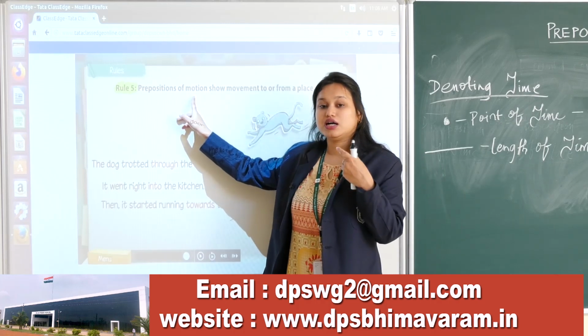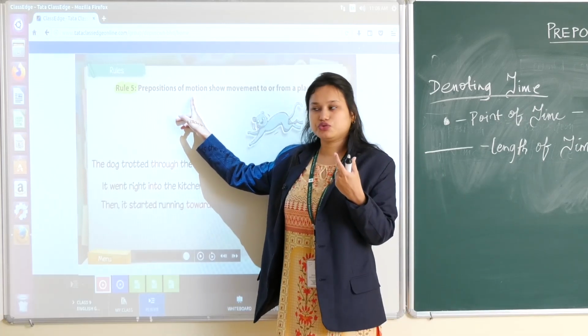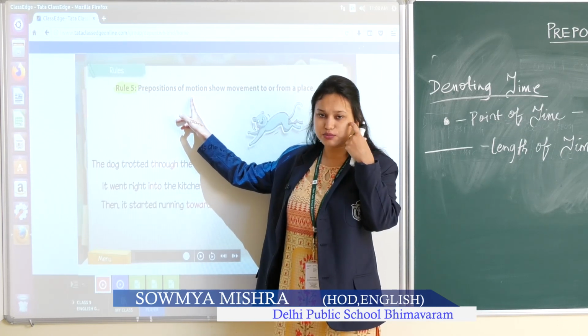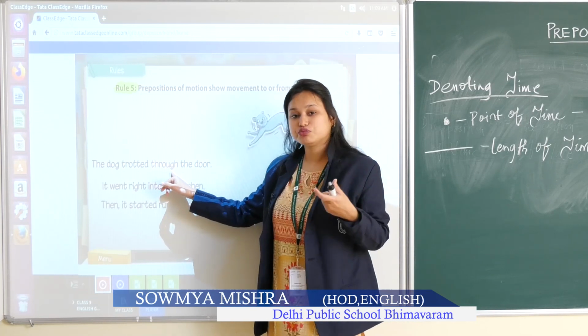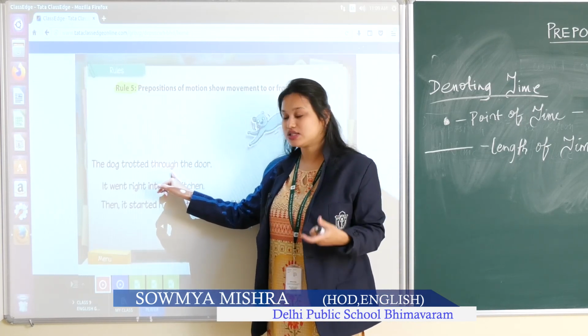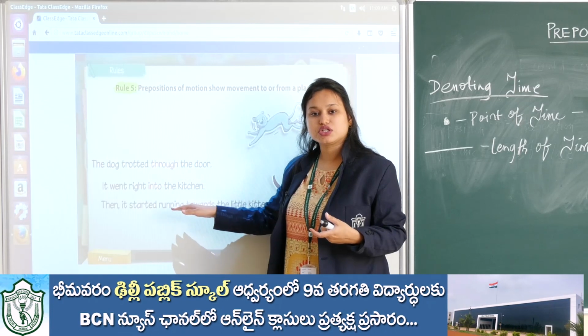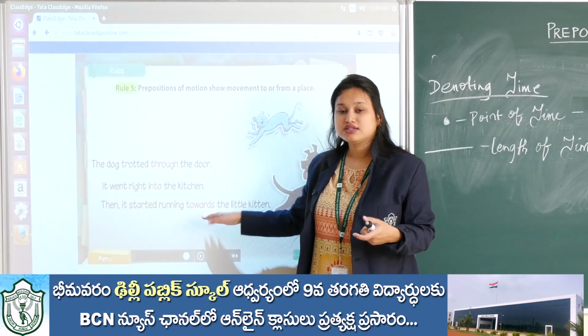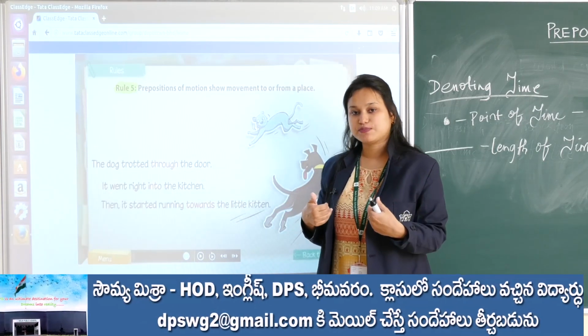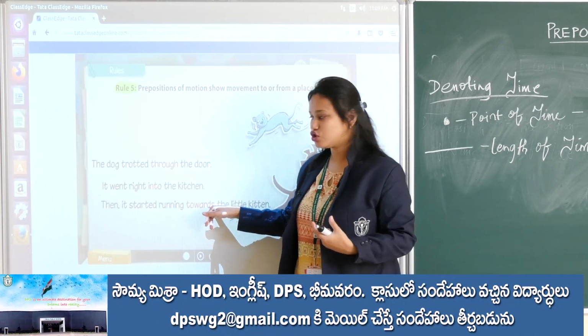Motion means it will indicate some kind of motion. You know that you are reading in physics, I think, motion, and that means movement, right? So if some kind of movement is being indicated, we use the prepositions through, into, towards, right? So he came towards me, that is a preposition of movement.